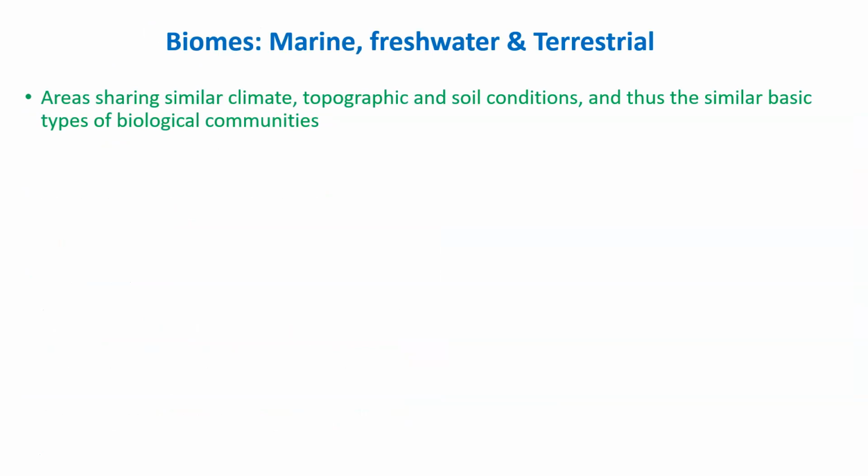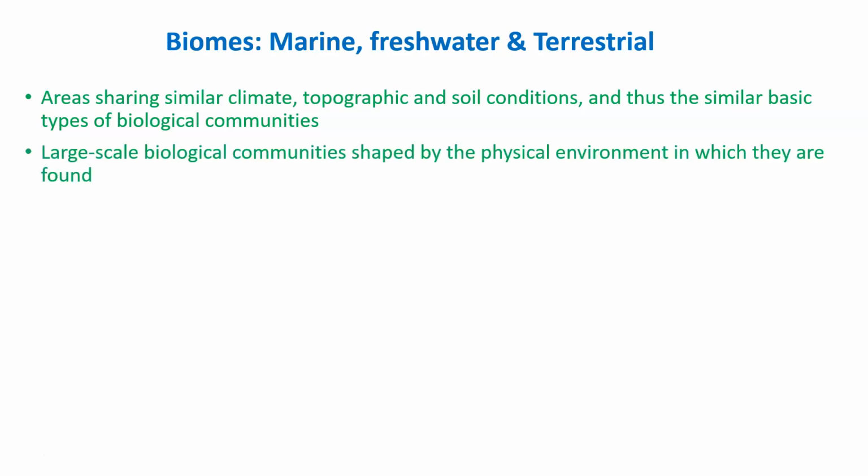What is a biome? There are marine, freshwater, and terrestrial biomes. Areas sharing similar climatic conditions, topographic and soil conditions are collectively considered a single type of biome.